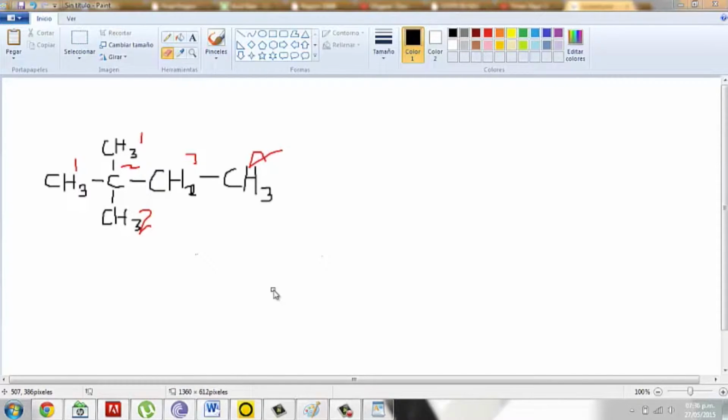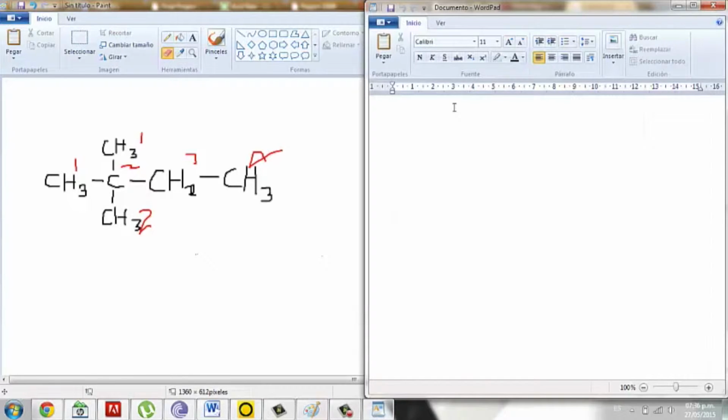Now we write the name as a single word. We begin with the substituents 2 and 2, and because they are two, it is dimethyl. And because there are 4 carbon atoms on the main chain, it is butane. And we're done with this exercise.